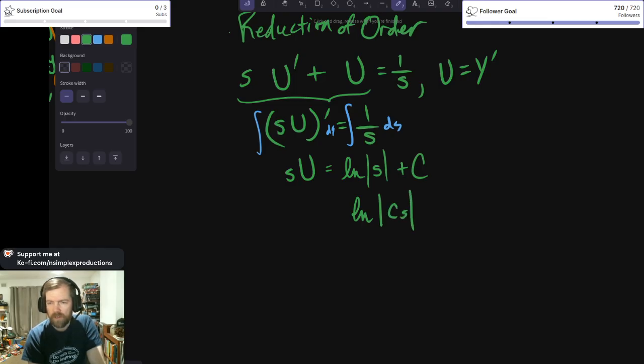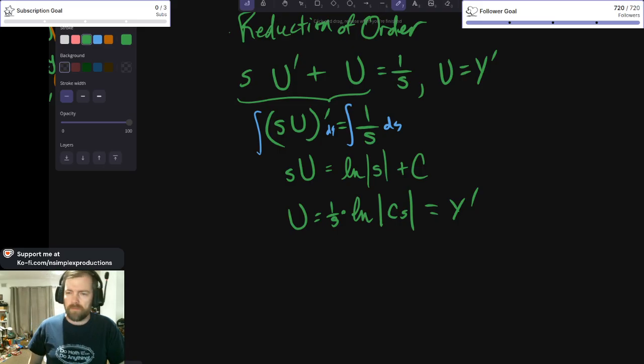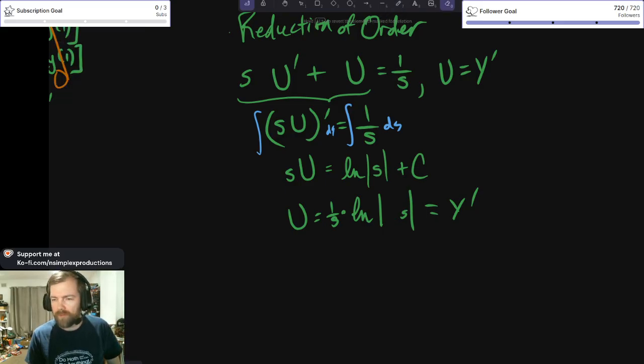C s times 1 over s is equal to u. And that is going to be equal to y prime. Okay, let's not bother with that then.